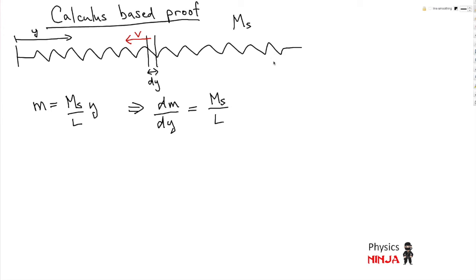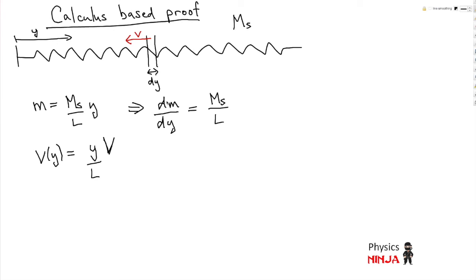Again, we're assuming that the spring stretches uniformly, and if I go using the same arguments as I did previously, you'll find that the velocity of some segment y that's a certain distance away from the edge is simply going to be related to the position over the length times the speed of the end, or the speed of the block that's attached to the spring. Okay, so you have to have both of these conditions here.